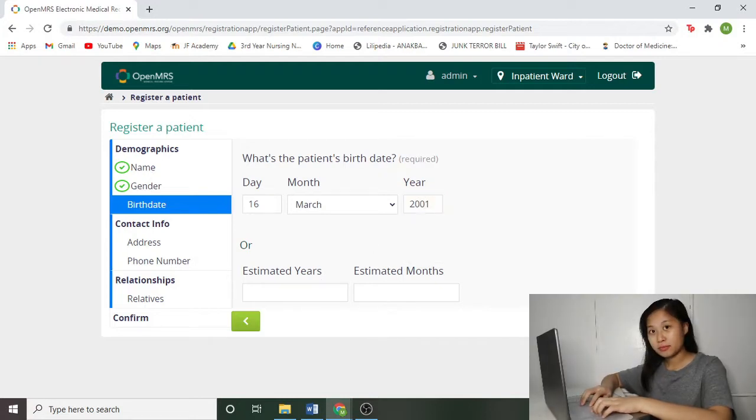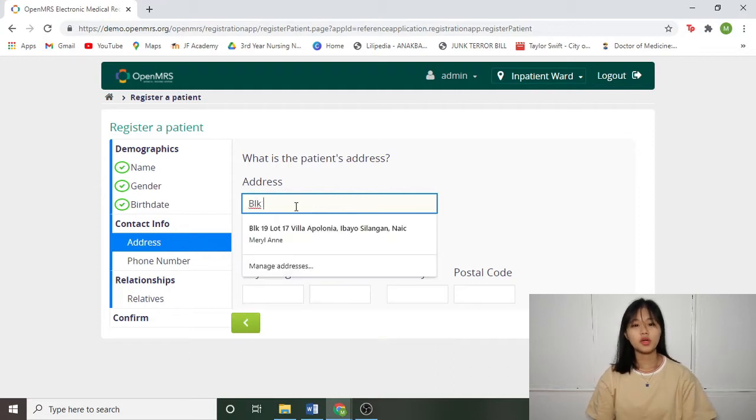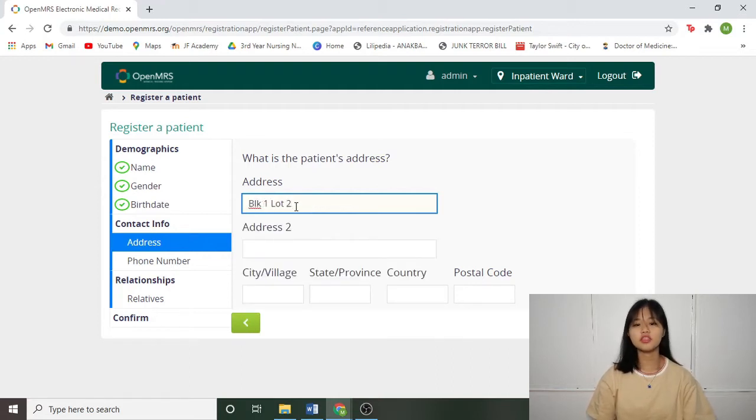How about your address, ma'am? Block 1, Lot 2, Villanueva, Canay, Cavite 4110.